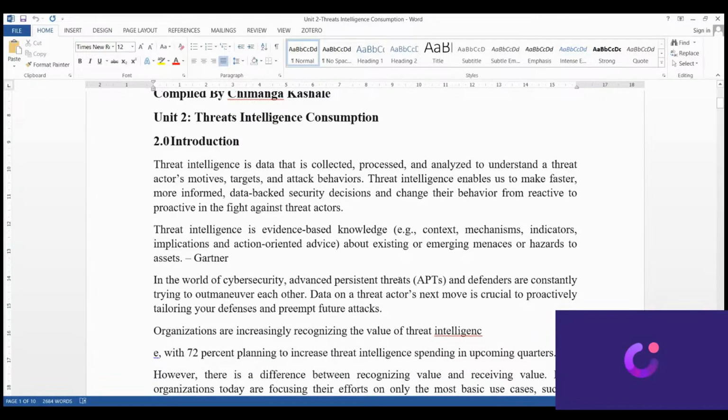In the world of cybersecurity, advanced persistent threats, APTs, and defenders are constantly trying to outmaneuver each other. Data on a threat actor's next move is crucial to proactively tailoring your defense and preempting future attacks. Because of the increase in advanced persistent threats, there are a lot of defenders constantly trying to outplay each other.